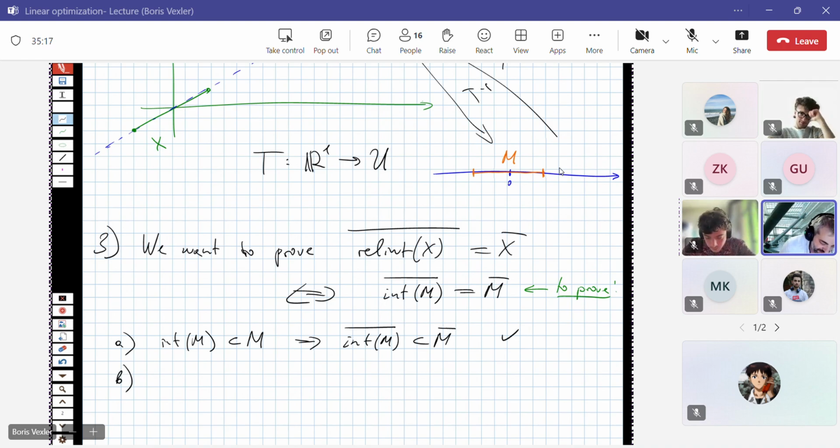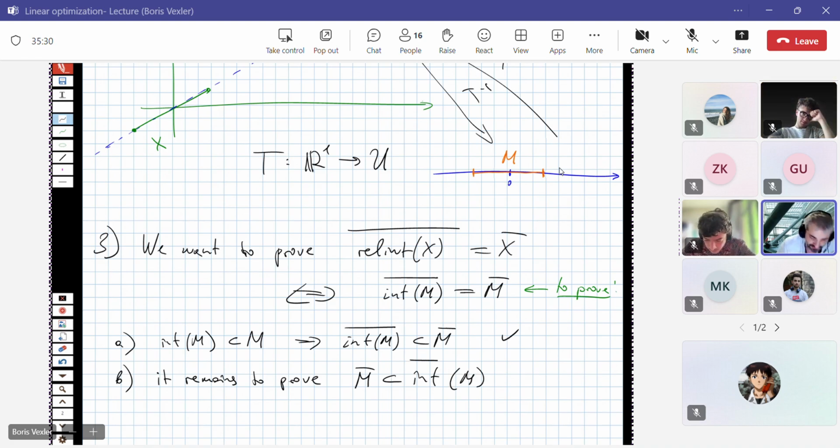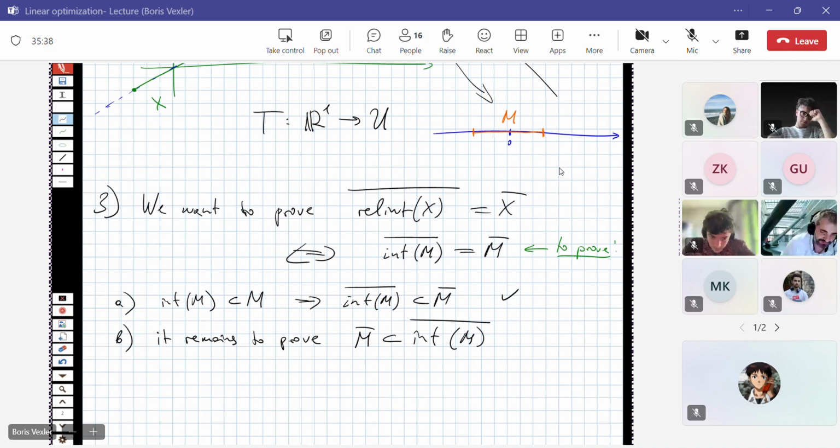Now it remains to prove that the closure of M is a subset of the interior of M and then taking closure. We will actually prove that even M is a subset of the interior of M and then taking closure.